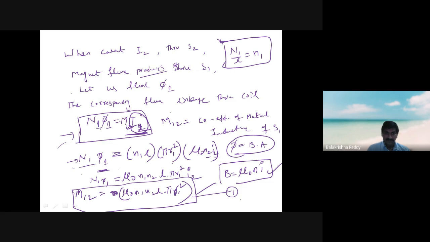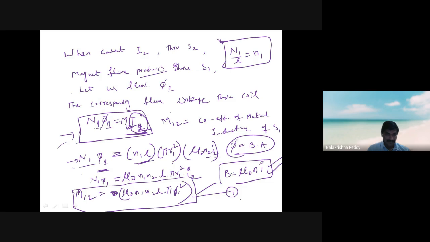This is the first equation. How did we achieve it? We know that N is the number of turns per unit length, and phi equals magnetic field into area. The magnetic field through the solenoid is B equal to mu naught N I. This we also discussed in previous lessons. The area is the cross section of the coil, pi r square.